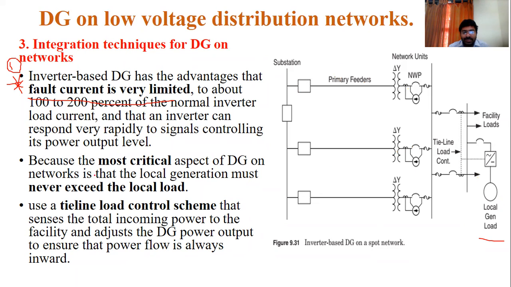Remember, this is the most critical aspect, which is why I'm highlighting it in bold. A most critical aspect of a DC network, not only the inverter based, is that any DC we are adding here never exceeds the local load.